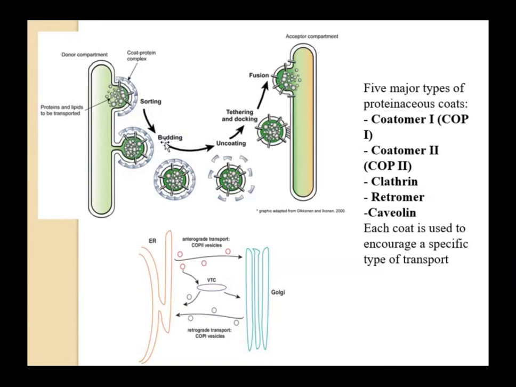At the site of future vesicle formation, these proteins accumulate. Here we can see they accumulate, attach to the membrane, draw out the vesicle, and coat its cytosolic surface.